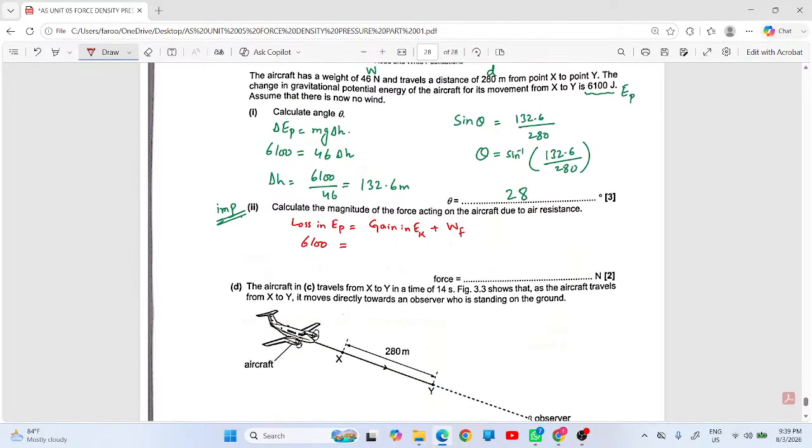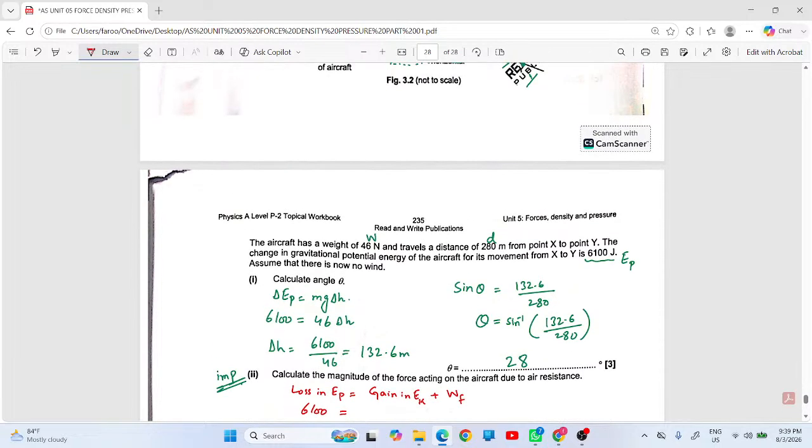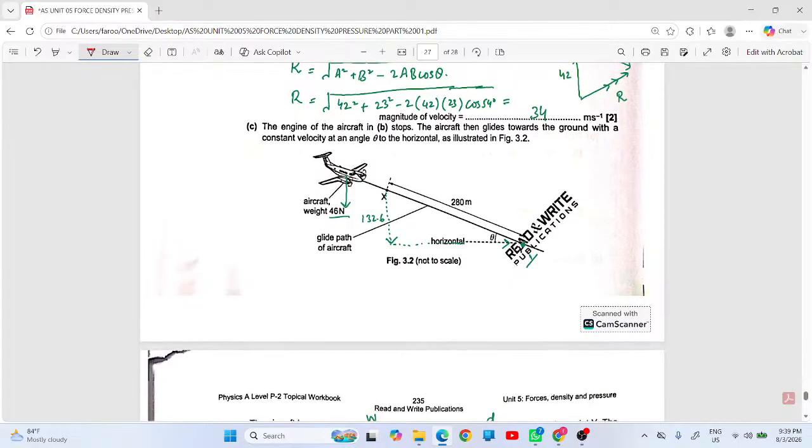ये important है. Where is the speed? हाँ, अच्छा ये देखें. The aircraft then glides towards the ground with a constant velocity. Velocity is constant. It means the kinetic energy is constant. So there is no change in the kinetic energy.